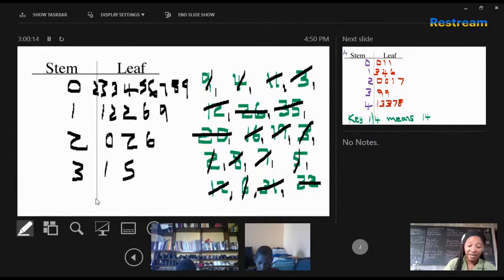But before we do that, we have to make sure that we put the numbers in order. That's very important. If the numbers are not yet in order, we have to rearrange them and make sure they're in numerical order, and then we see which one or ones fall in the middle.